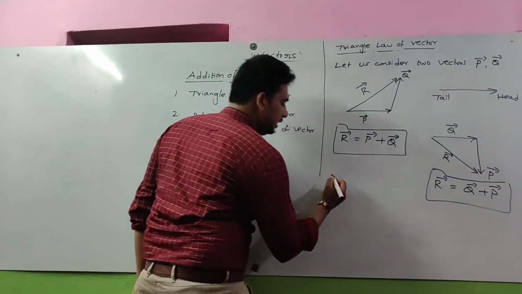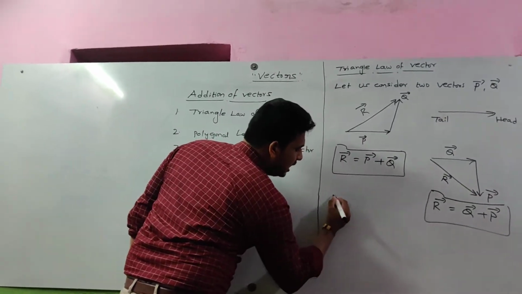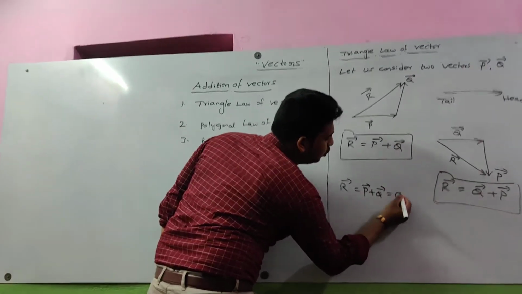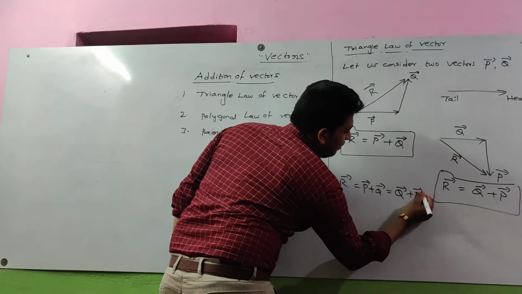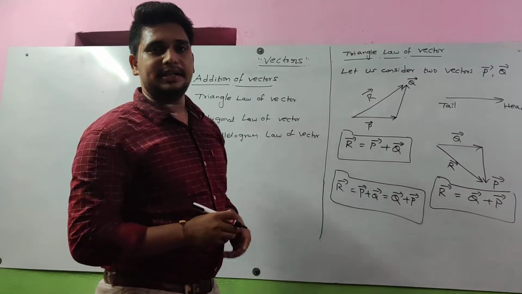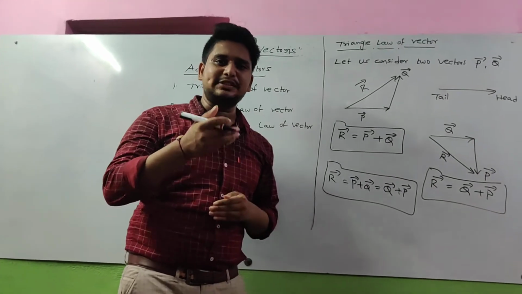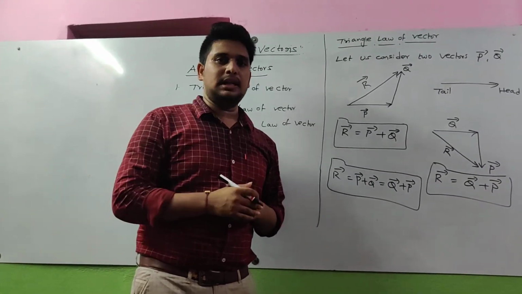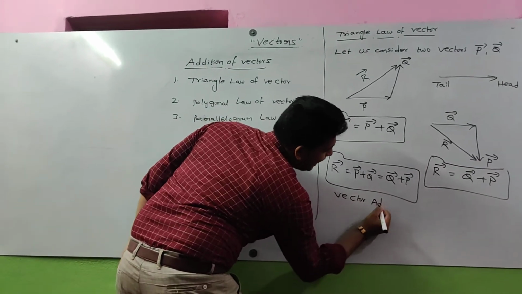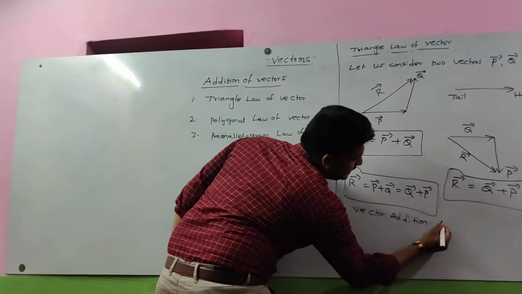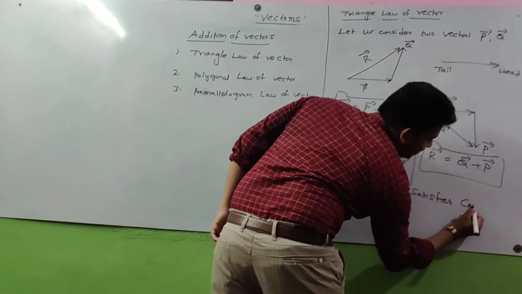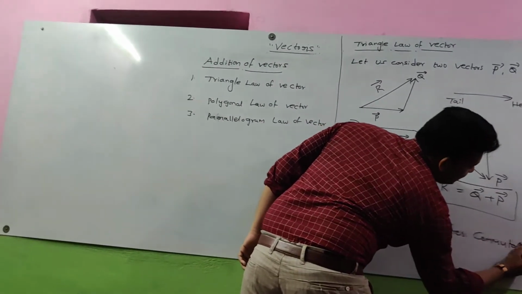So already we know R bar is equal to P bar plus Q bar is equal to Q bar plus P bar, because vector addition satisfies the commutative law. What is meant by commutative law?